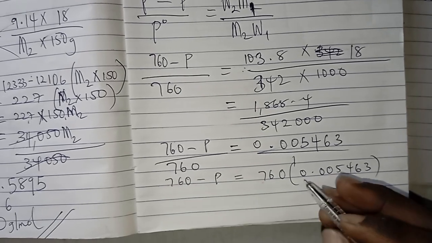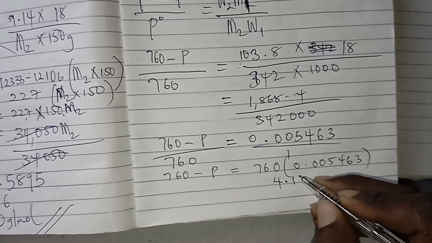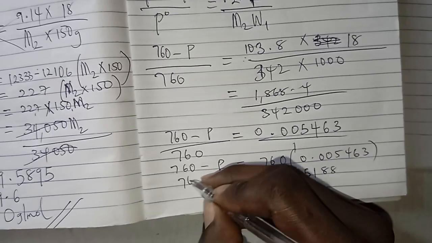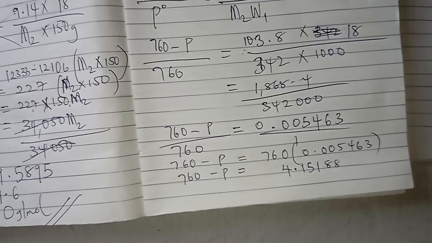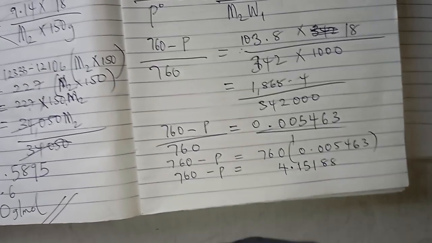Yes. So I have 4.15188 equals 760 minus P. Making P the subject of the formula means this will have to cross over.